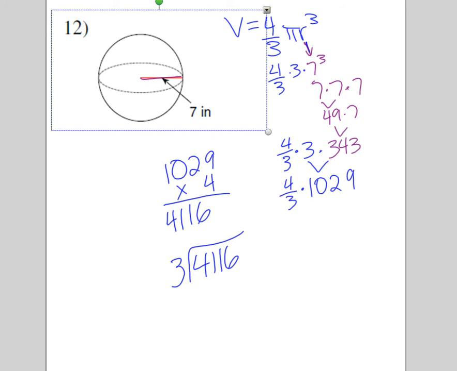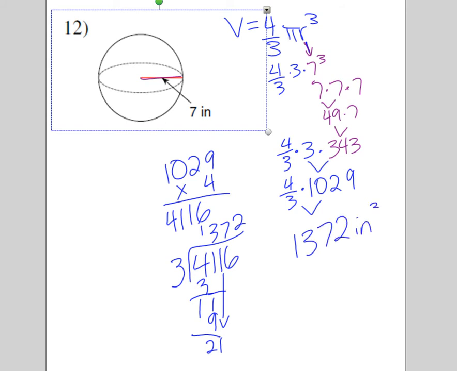It's 1372. So that is 1,372 inches cubed. So that's the answer.